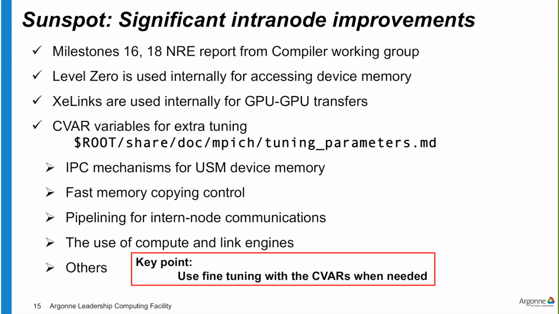The purpose of this slide is to tell you that there are many optimizations that have been developed by Intel for communication operations using the shared memory and GPU infrastructure. And there are many control variables which allow you to fine tune the behavior of MPI.